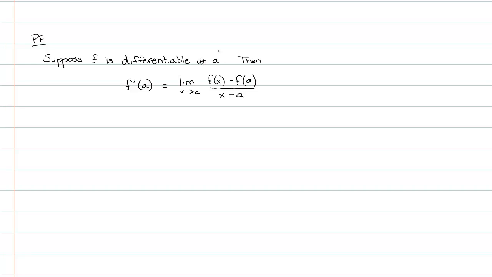Maybe I should even write that down below. This exists. So f prime at A, which equals that, must exist.